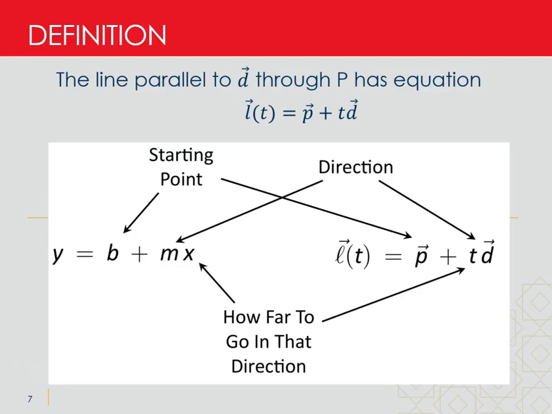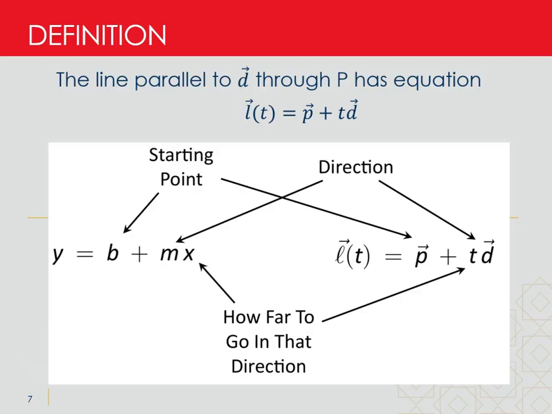And I'd say, to bring this back to the y equals mx plus b a little bit, the starting point in y equals mx plus b is our b, whereas in our vector equation it's the point P. The direction on the left-hand side is that m that tells the direction. On the right-hand side, it's that vector D. And then how far to go in that direction?